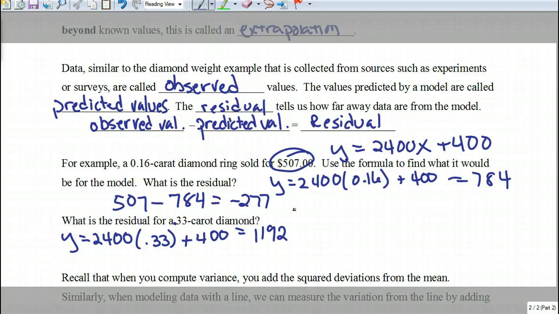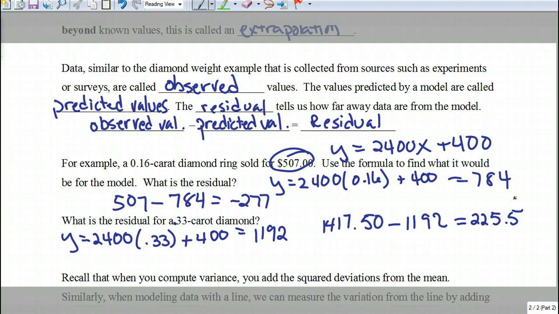And if you look back on the chart that's in your book, the observed value is 1,417.50. If I subtract 1,192, I'm going to get $225.50 for my residual for that one.